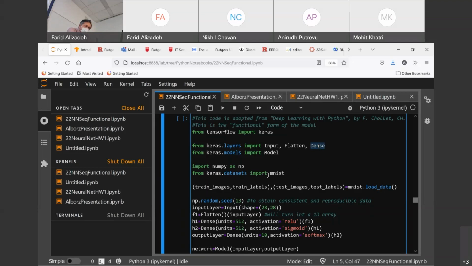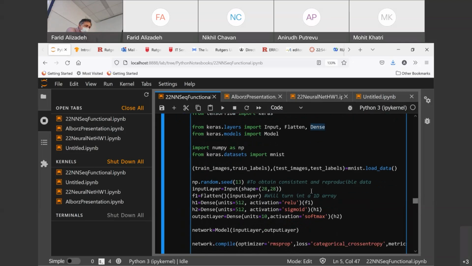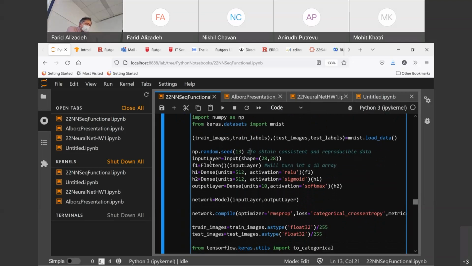Okay, so again, I import the data and split it into training and so on. I have an input layer with input shape 28 by 28, so the shape is two-dimensional. Then I apply Flatten.